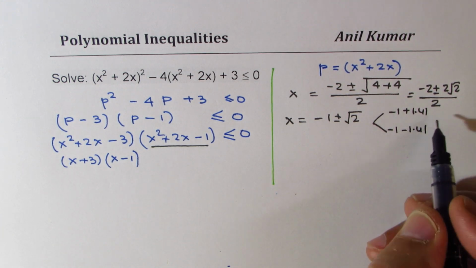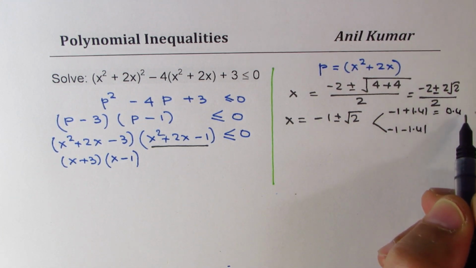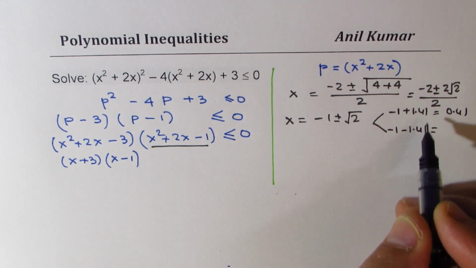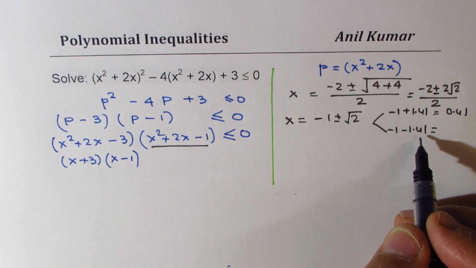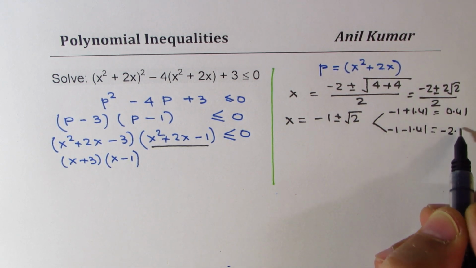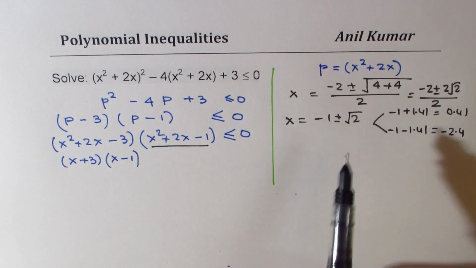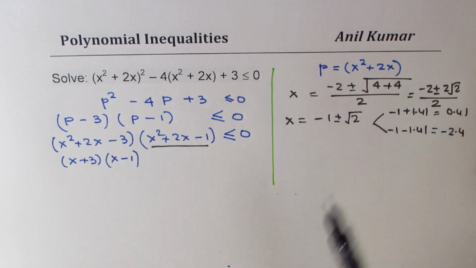Is it okay? So that gives you approximately 0.41, say 0.4. We're just trying to figure out where it is on the number line. And here it is minus 2.4, let us say. So that gives you 3 roots, correct? So I'll use these approximate values, okay?